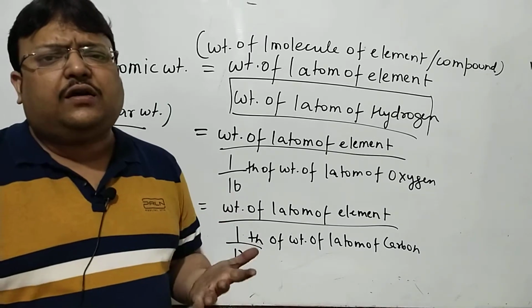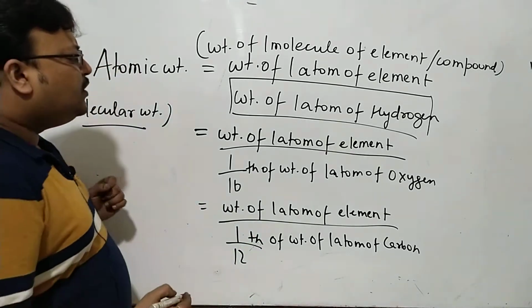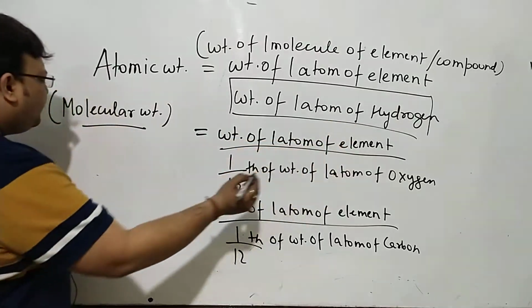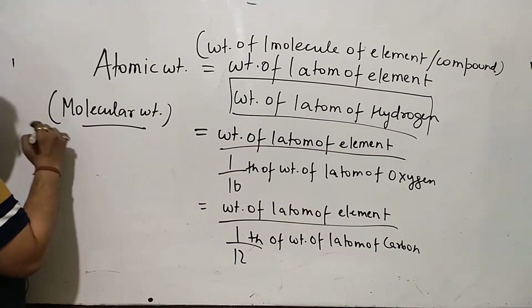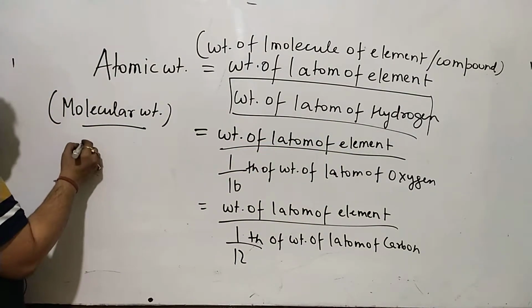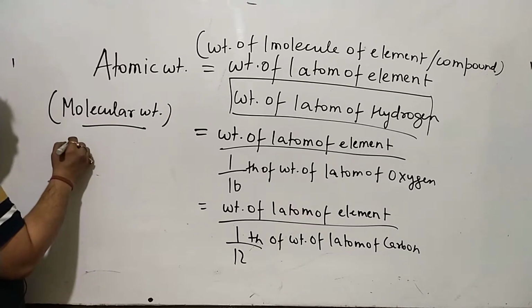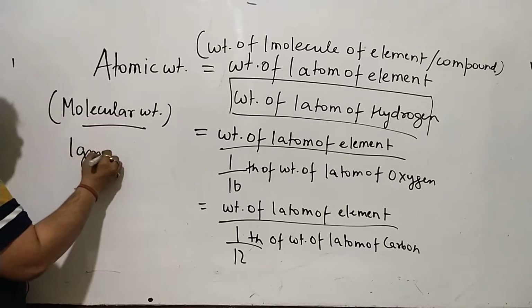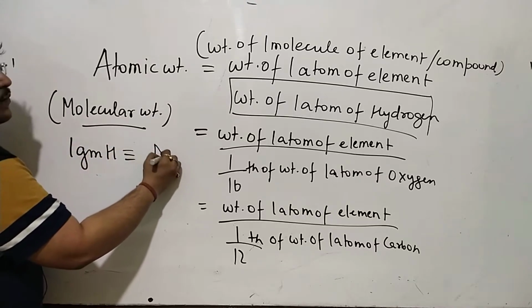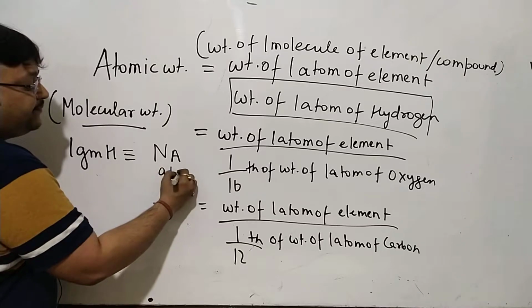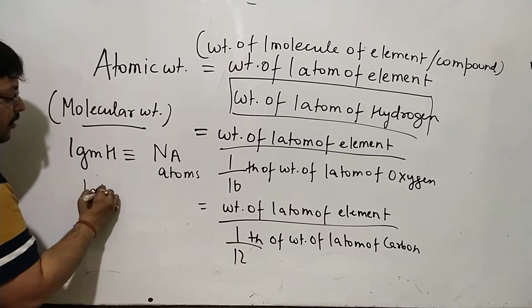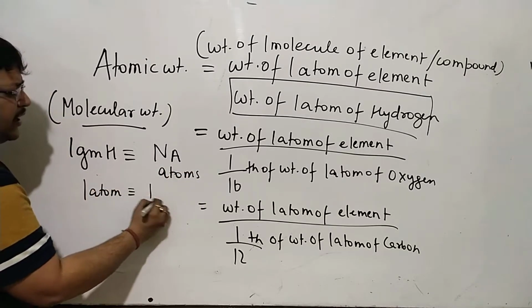You can have a unit which is called atomic mass unit, AMU, which is basically the weight of 1 atom of hydrogen. At some point you will be told that 1 gram atom of hydrogen is going to mean Avogadro number of atoms. So 1 atom would be 1 upon Na grams.